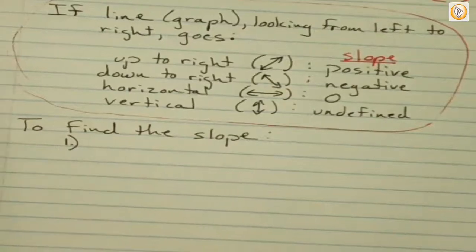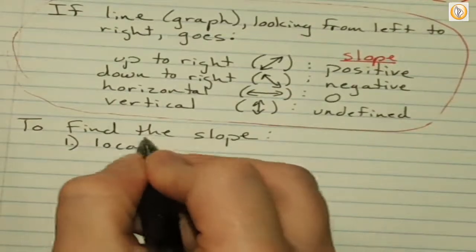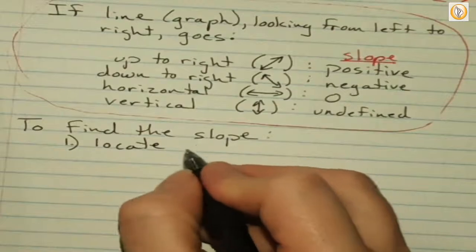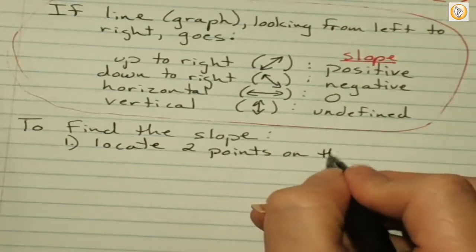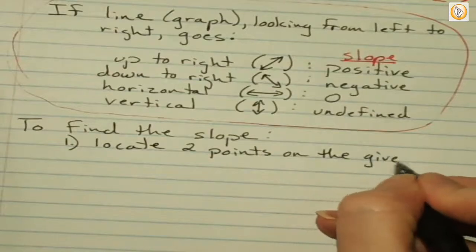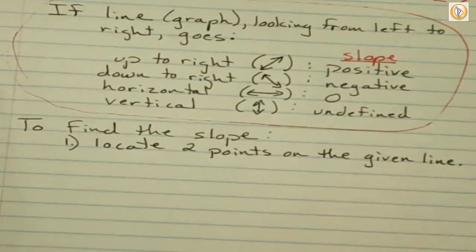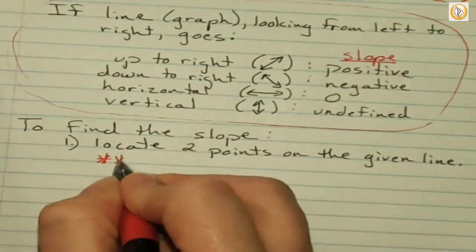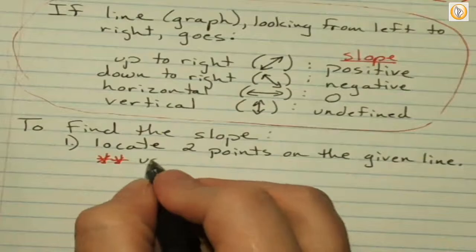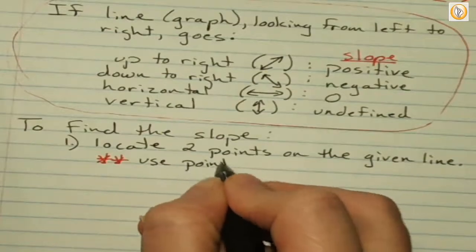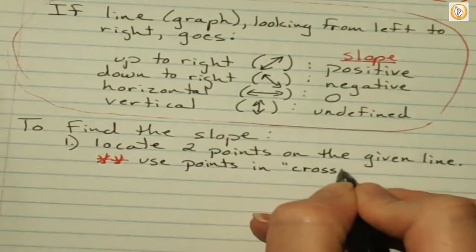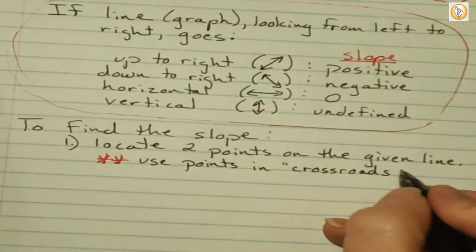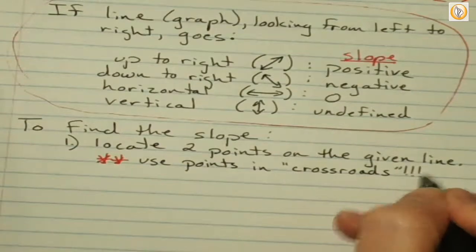Step 1. Locate 2 points on the given line. Use points in the crossroads. I'm going to explain that to you.